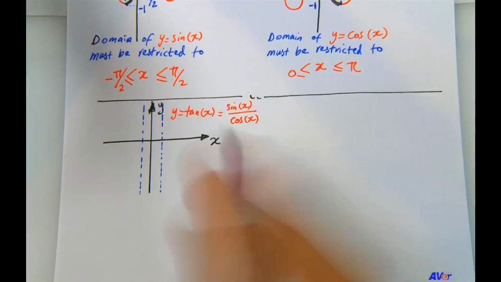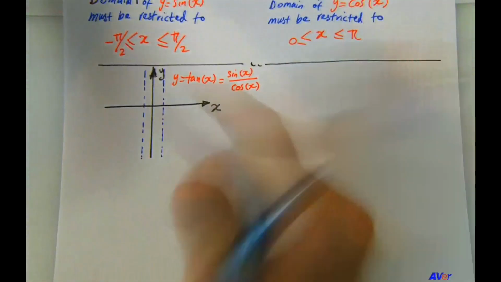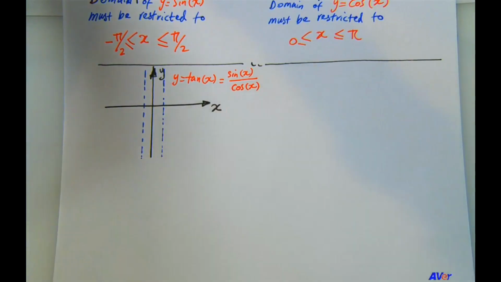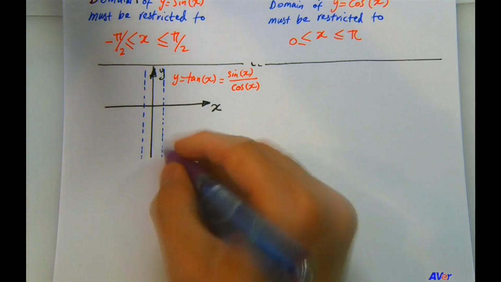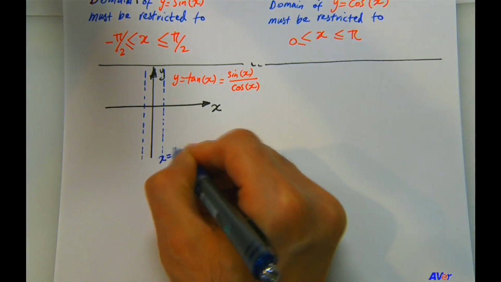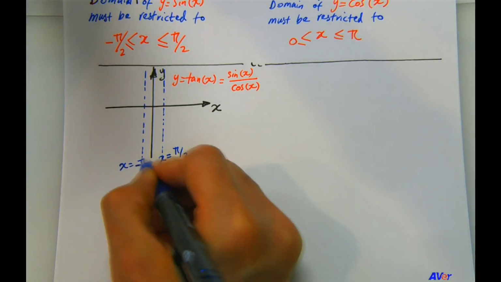So I'm going to draw just one, because you've seen that there's going to be infinitely many, right? But I'm going to draw one because that's all we need. So this would be x equals pi over 2 and x equals negative pi over 2.